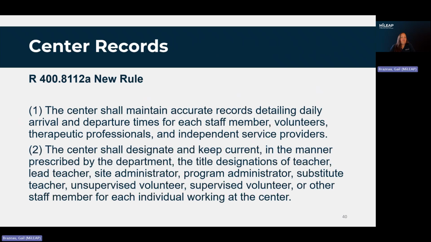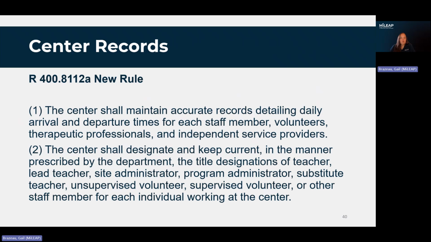Now we're moving on from children's records to center records. Rule 8112A. Subrules 1 and 2 are new rules. Subrule 1 states the center shall maintain accurate records detailing daily arrival and departure times for each staff member, volunteers, therapeutic professionals, and independent service providers.